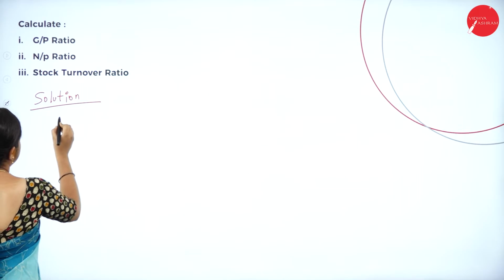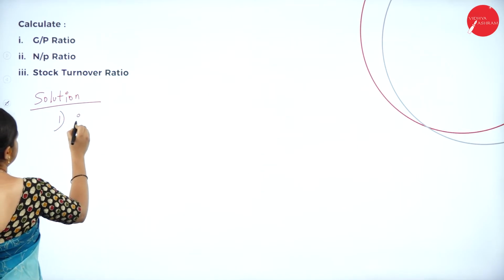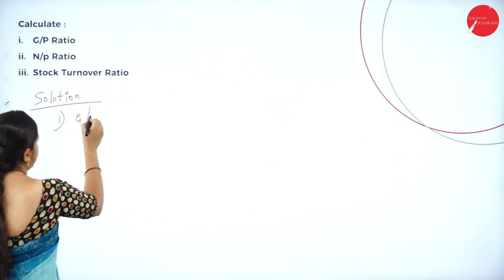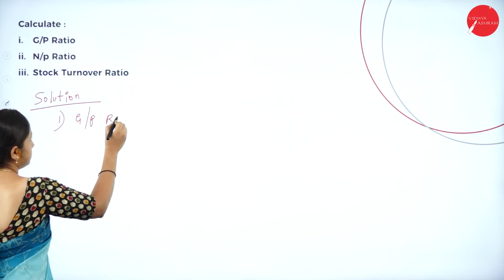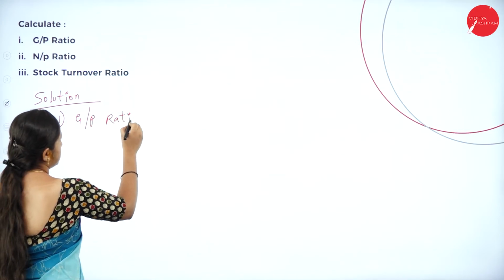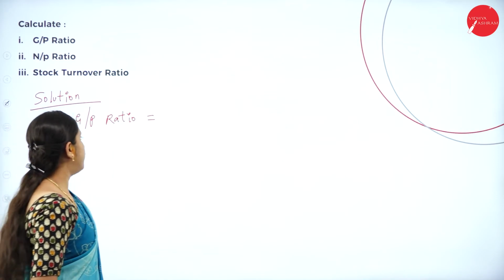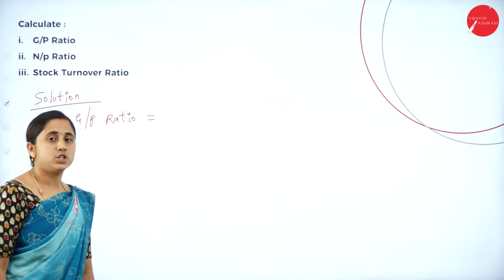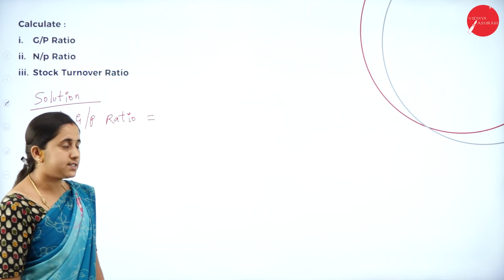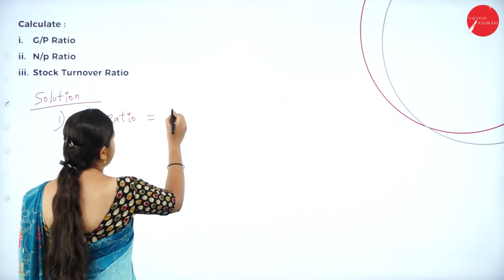Solution. First, consider gross profit ratio. We know the formula for gross profit ratio. Gross profit ratio is equals to gross profit divided by net sales into 100.